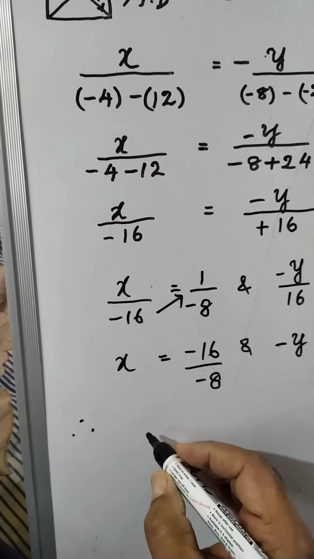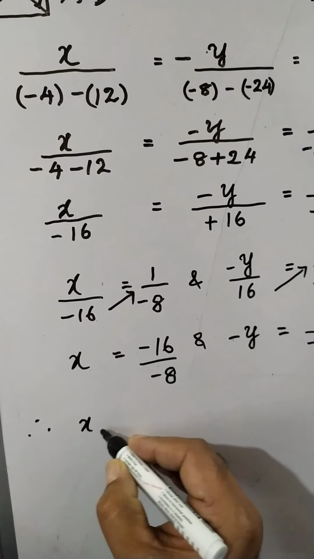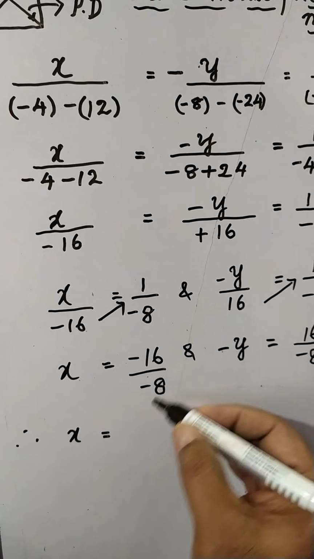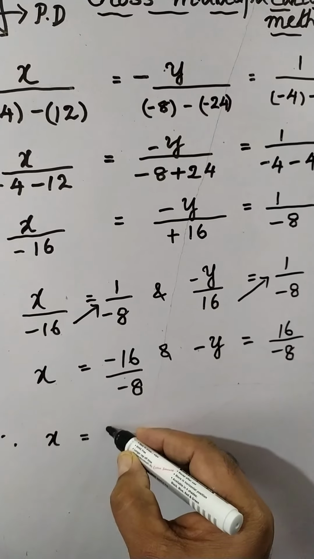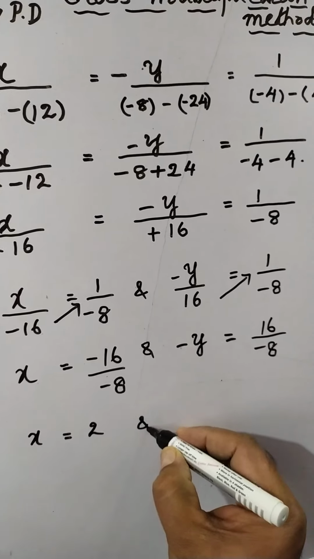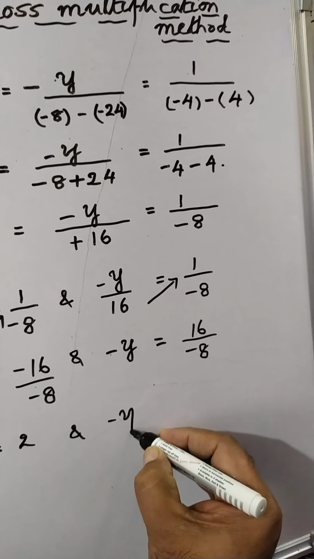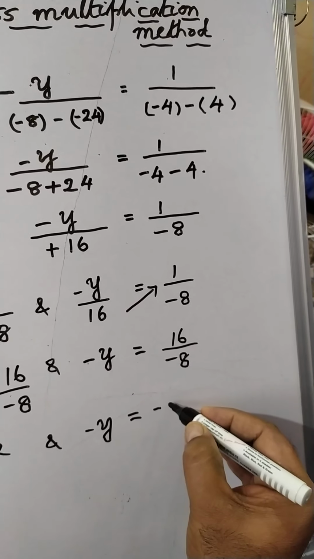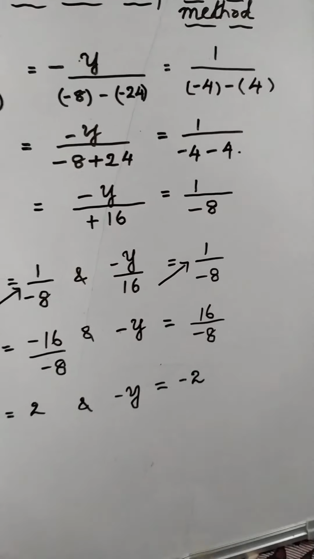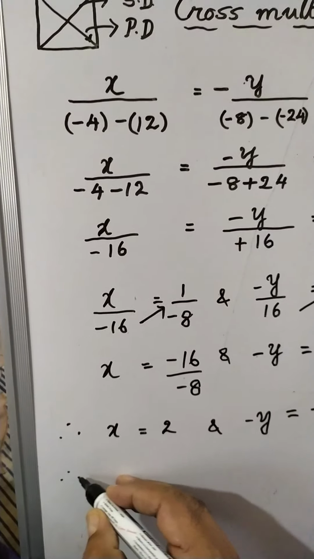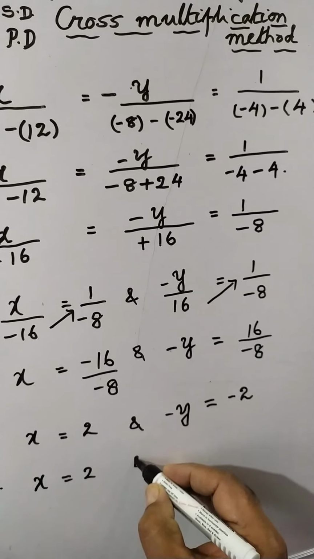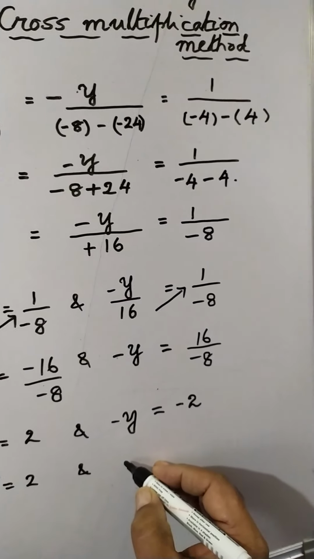Therefore, I get x is equal to, this fraction minus 16 by minus 8 will give me plus 2, and minus y is equal to 16 by minus 8 will give me minus 2. Therefore, I have x is equal to 2 and minus y is equal to minus 2.